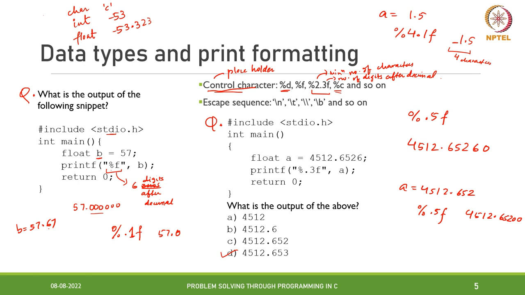Is it clearer? Yes, the point is also considered as a character. Let's say I have 4512 point something, and I print with a precision of point 3. How many characters do I have? It is 8 characters, so I say 10.3f.